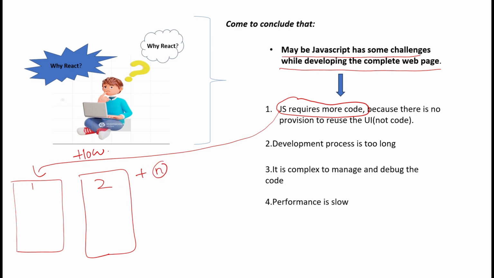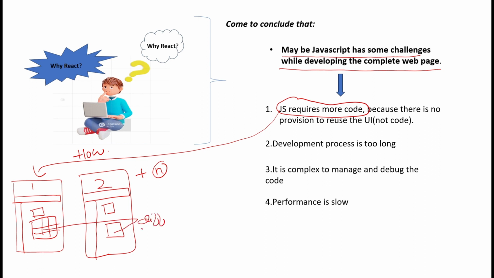Each page has a common menu bar or navbar and sidebar. This page has a button, that page also has a button, this page has a table, and some card related things. Only these few things differ between pages. And think once, if a number of pages are there, how many user interfaces have to be repeated?